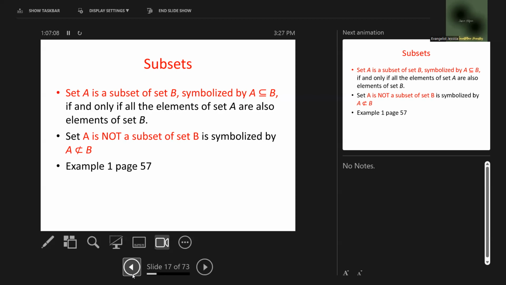Yeah, the set is 1, 3, 5, 7, 9, 11. But what about the 11? That's why it's a subset. Set A is a subset of set B because all the elements of set A are also contained in set B.